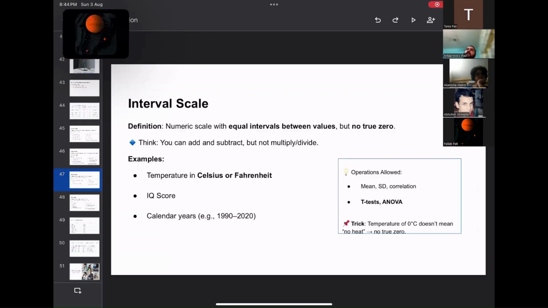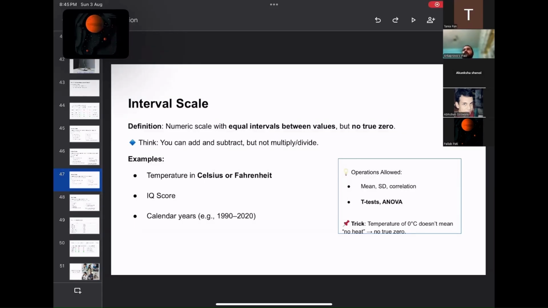Yes, sir. The temperature scales Celsius and Fahrenheit too: the difference between 23 degrees centigrade and 25 degrees centigrade is 2 degrees centigrade. Similarly, between 28 degrees and 30 degrees is again 2 degrees. So that interval is equal for all cases, but this does not have a true zero.